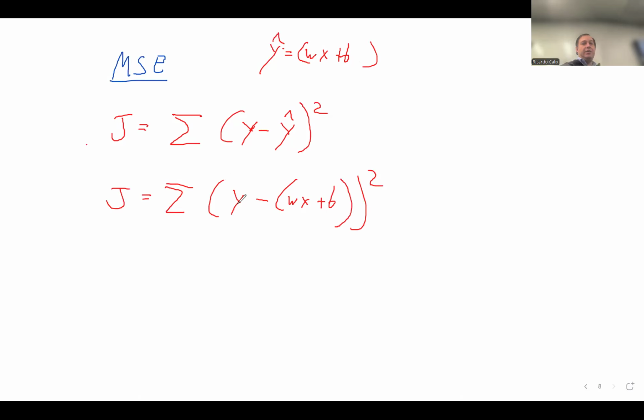Remember that this value is just a real value, and that's why we don't take the derivative of J in terms of y hat, right? We take the derivative of J in terms of these parameters, the w and the b. So essentially, in the loss function, when we do this, this equation captures the quadratic equation, but we take it in terms of these values, the actual w's at this point in time.